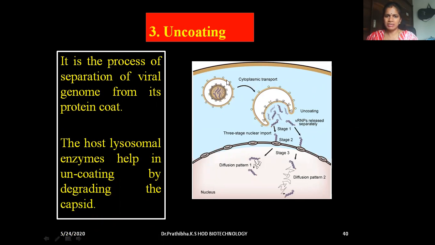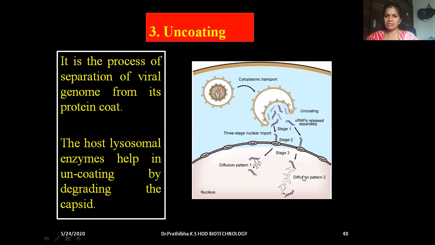Okay, you can see here that as the virus has entered, cytoplasmic transport, then uncoating can be seen here. 3 stages of nuclear import can be seen. Virus will attach, then stage 2 through the receptor, and that enters inside the cell. That is stage 3. You can see the diffusion pattern within the nucleus.